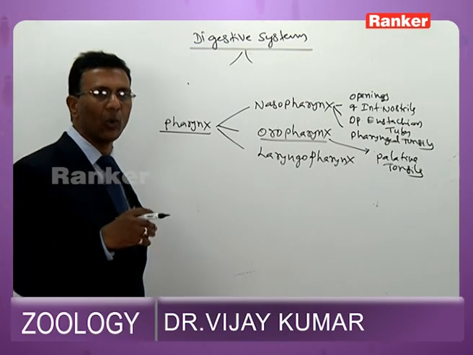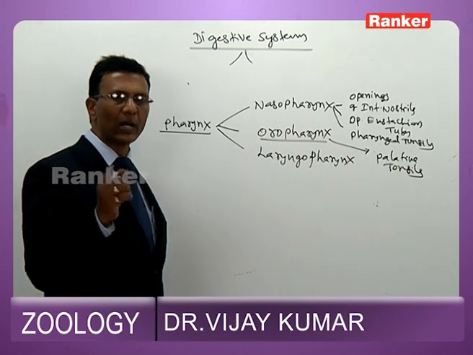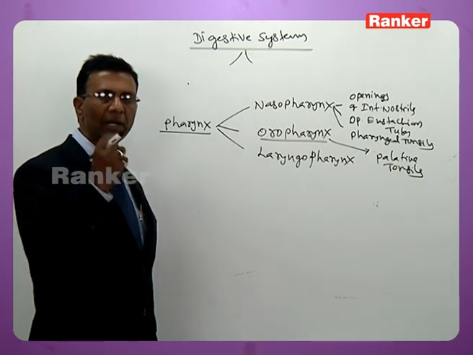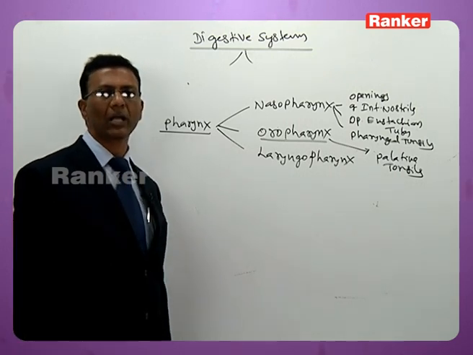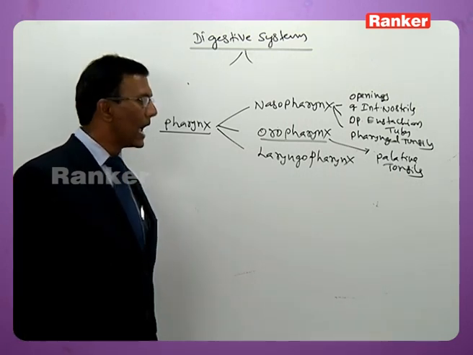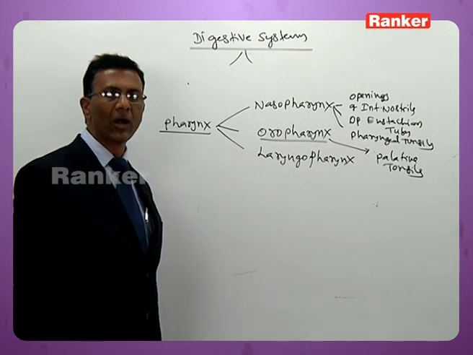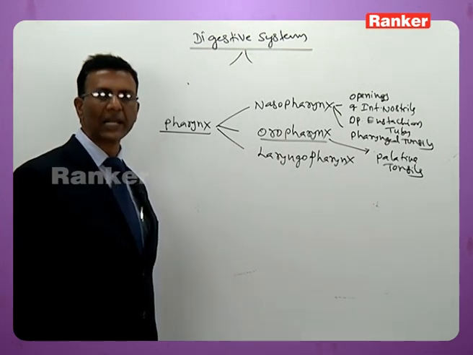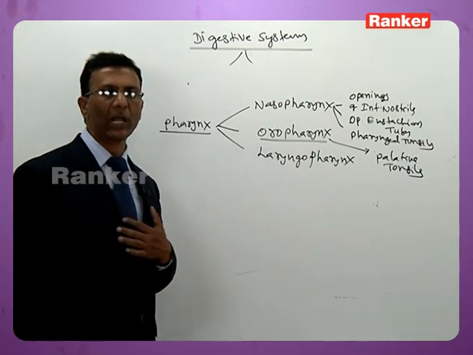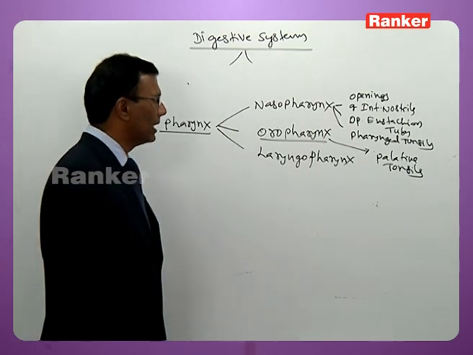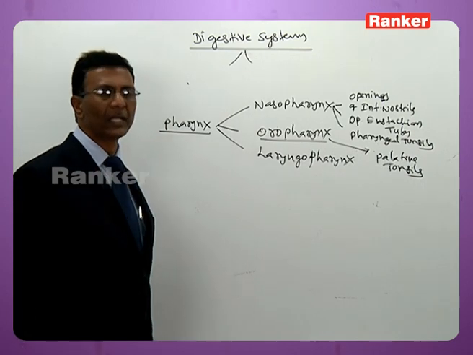Whenever they are exposed to cold, or whenever children eat cold items like ice cream, they get inflamed. Because of inflammation, they swell and block the passage of food. Removal of the tonsils is called tonsillectomy. So palatine tonsils are more prone to infection in some children, and they are present in the oropharynx region.